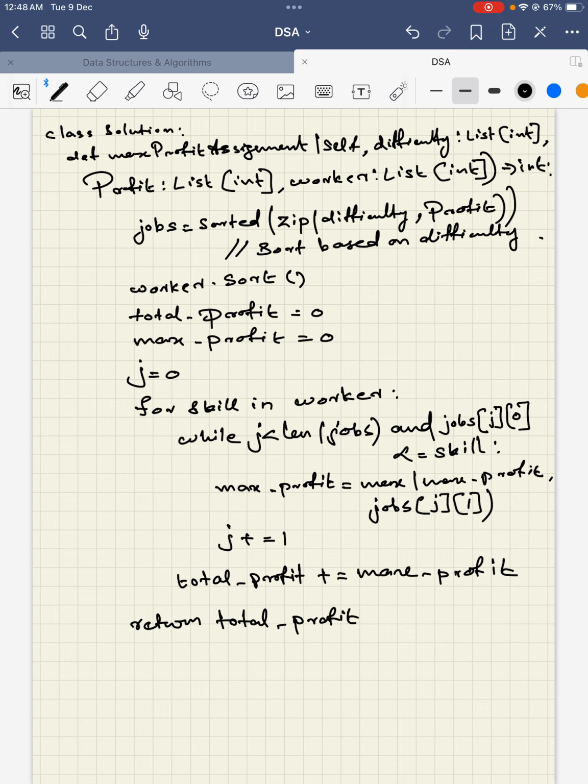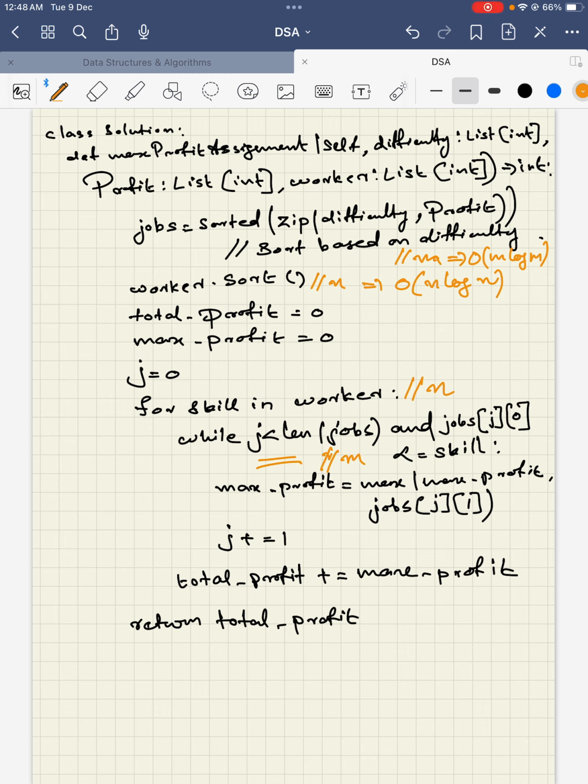So what is the time complexity? As you can see, there are two sortings happening. Suppose jobs has m elements, then this sorting would be of order m log m, and workers are n, so this sorting would be of order n log n. And then for each skill, if workers have n elements, that means order of n, plus j going through the jobs, that is m.